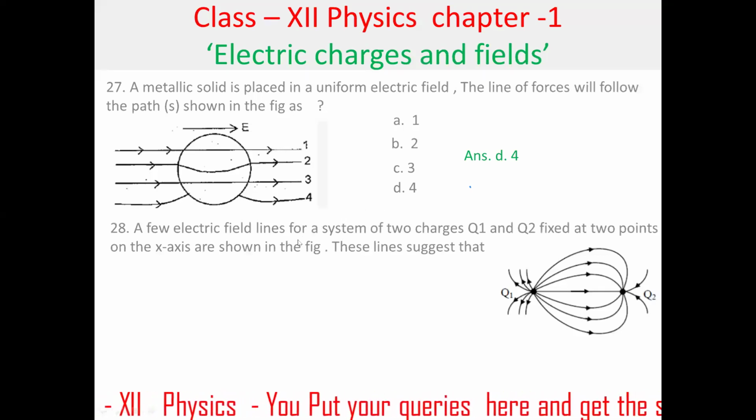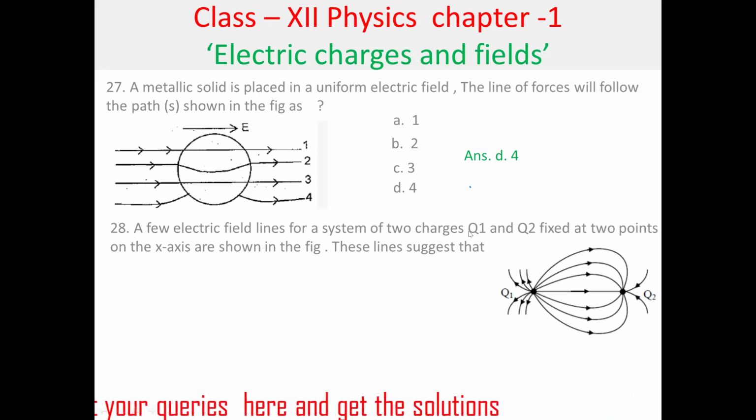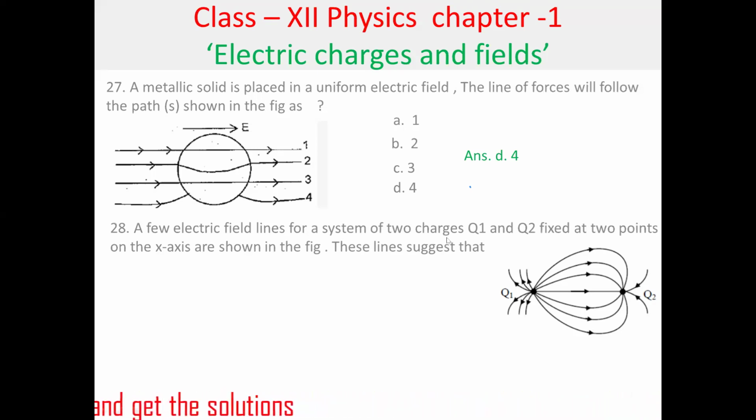A few electric field lines for a system of two charges Q1 and Q2 fixed at 2 points on the x-axis are shown in the figure.